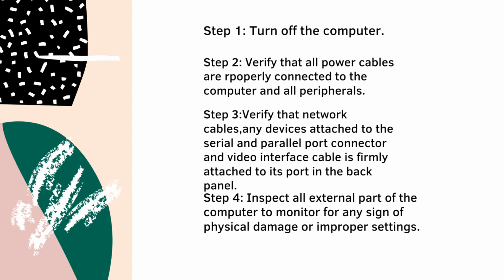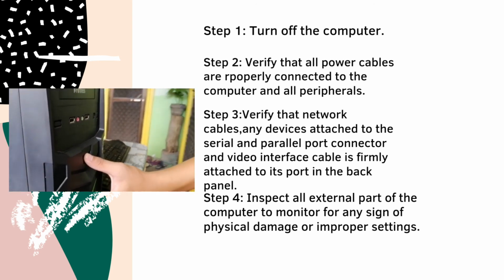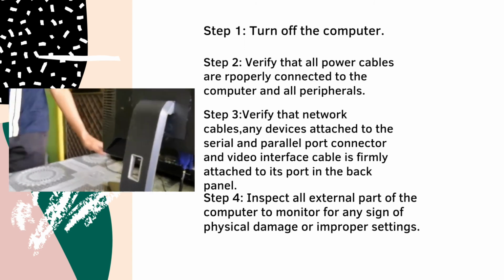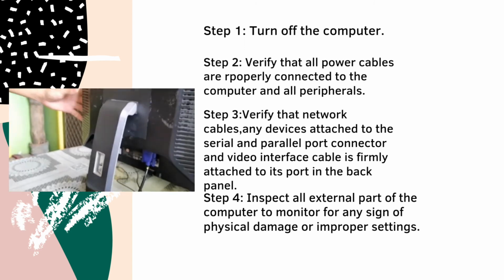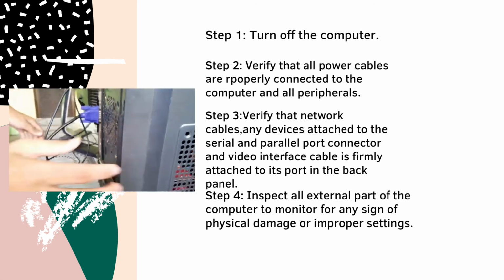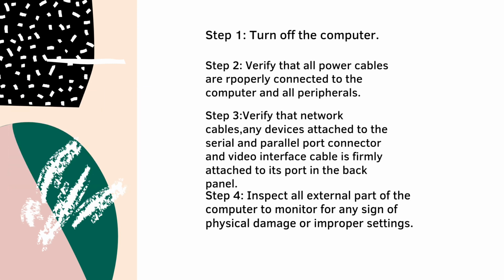We should make sure that all the network cables and the video interface cable are properly connected to their proper place. Step number 4, inspect all external parts of the computer for any sign of physical damage or improper settings. After the inspection, you will know if you successfully installed the hardware in the computer or if there are some problems that you need to fix or replace.